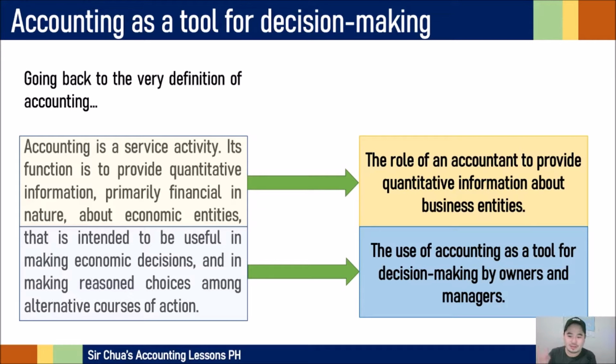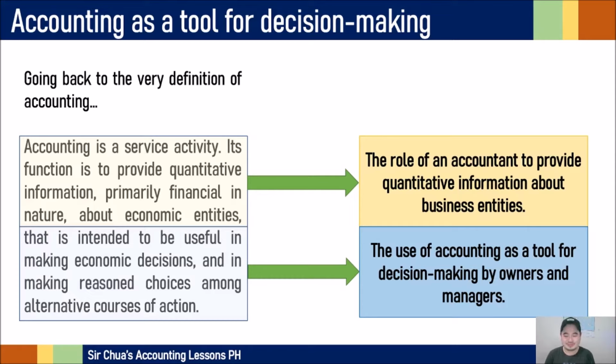Why? Accounting is a service activity which provides information about economic entities. And the endpoint of all of this is from those financial statements, from those financial reports, that will be helpful for the owners and managers to do decision making. No? So I hope that you are now really understanding the core principle of what we're talking about, why we are talking about management, why we are talking about management accounting, and how these proper information will be needed in proper decision making.